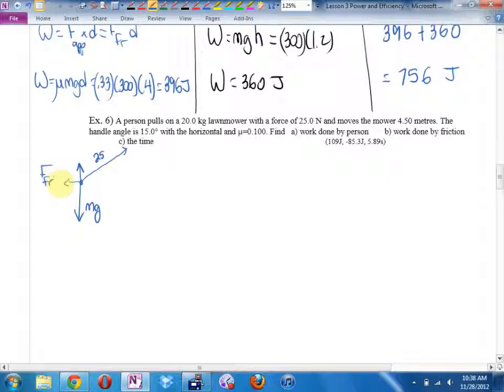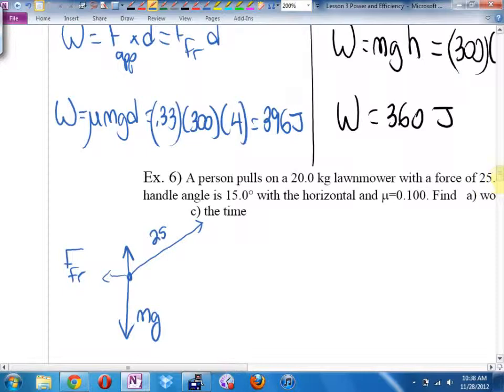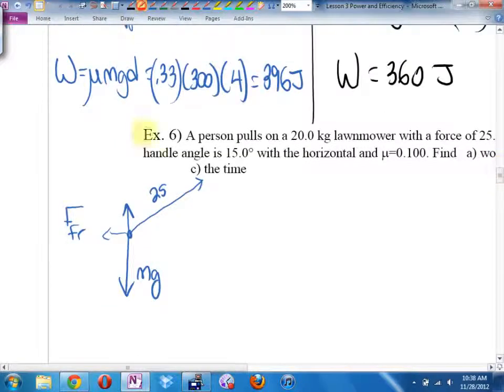There's a list of all the forces. Oh, and of course, we would then say we're going to break this angled one up into horizontal and vertical, right?